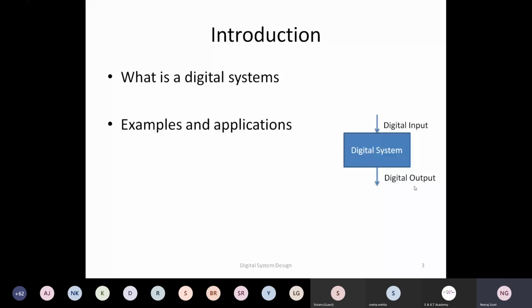So these digital systems are more or less part of our life, in each sphere of our life.